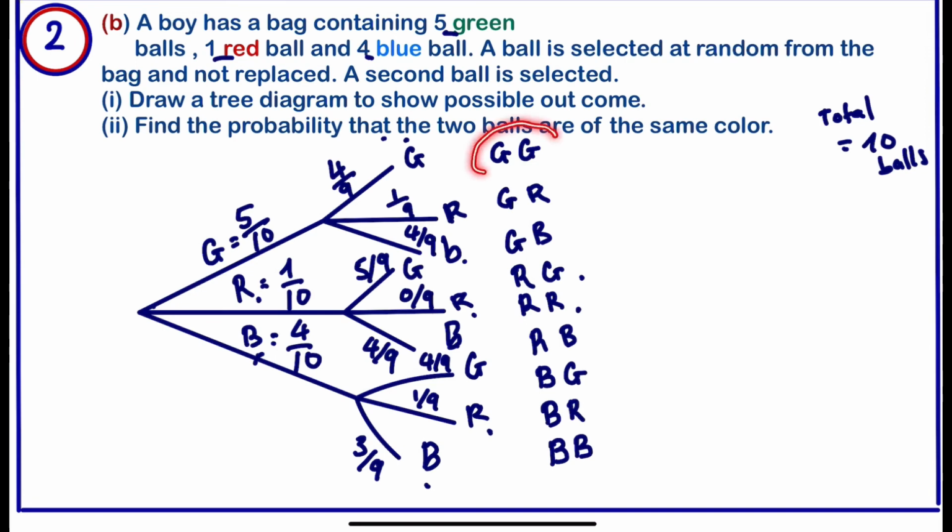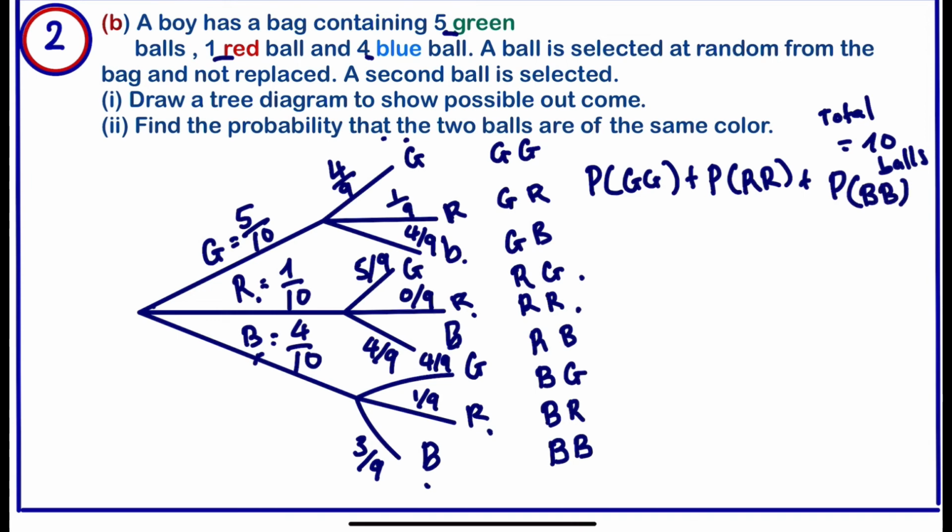Looking at this, we have green, green. This represents green, and this represents also green. So they have the same color. The formula that we are going to use here is the probability of green, green, plus the probability of red, red, because the same colors, plus the probability of blue and blue.